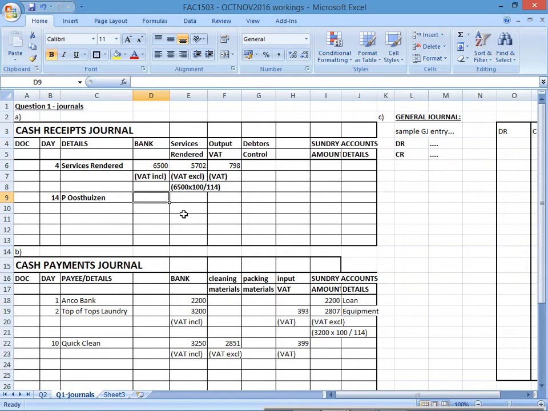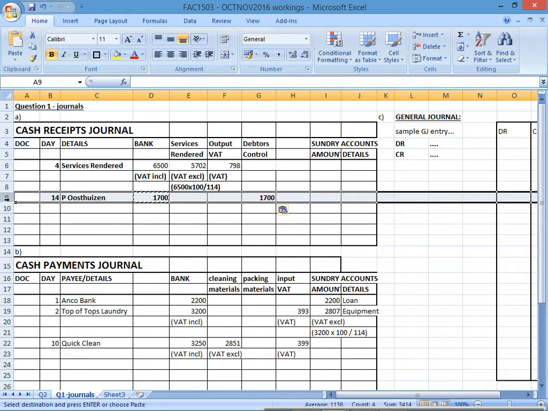Will there be VAT on a receipt from a debtor? No, there won't. Right, VAT will only arise when you buy or when you sell, not when you receive or pay. Okay, in terms of paying a creditor or receiving money from a debtor, this is going to be recorded here in the debtors control column. And that's it. There's your transaction representing the receipt from a debtor.